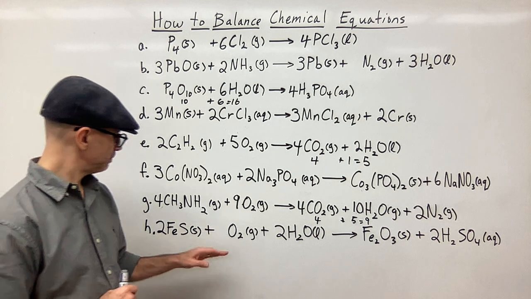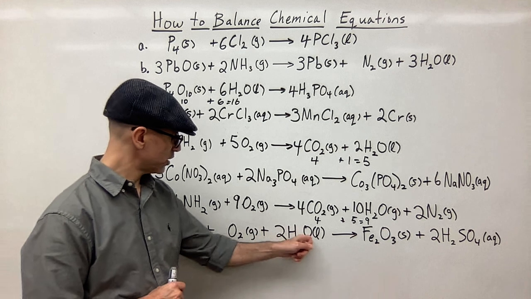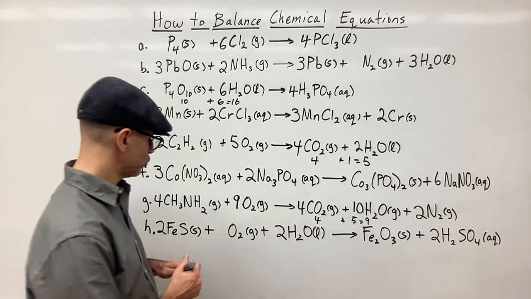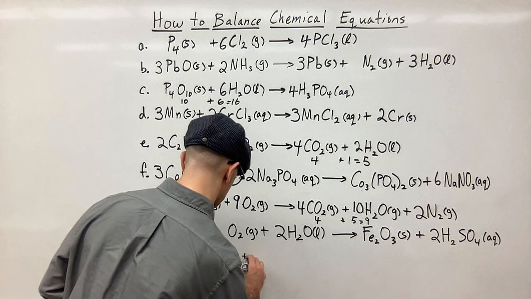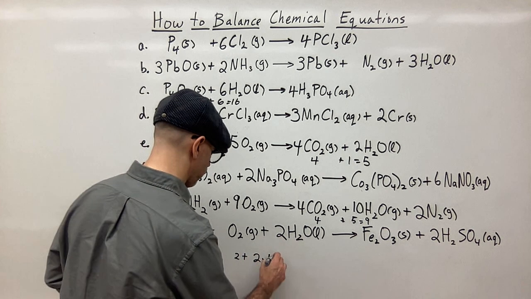And so here, I have this element here plus these 2. So over here, I have a total of 4. So 2 plus 2 equals 4.